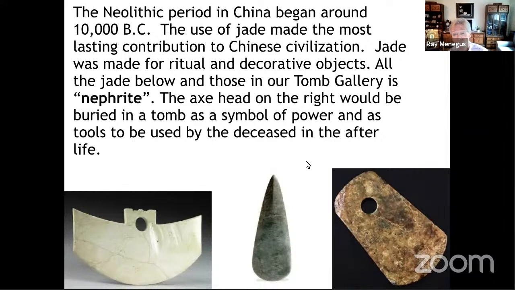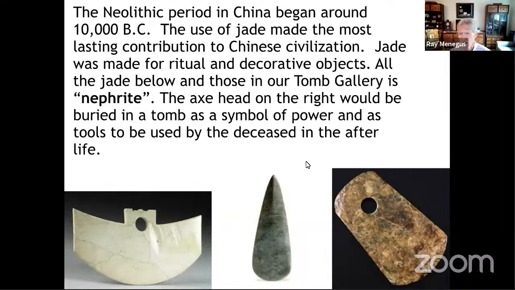During the Neolithic period, as we described in Pam's lecture, much of the jade that was buried with the ancestors was one of two forms of jade, and that was nephrite.